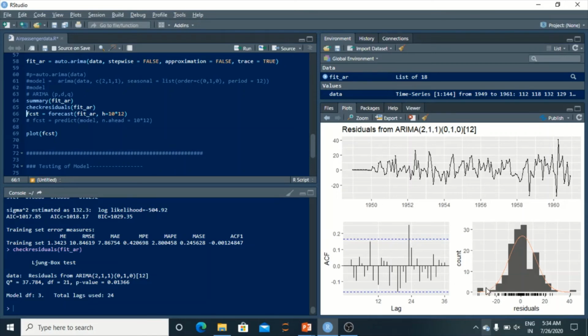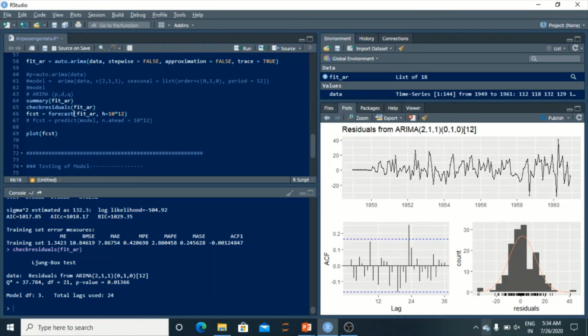The histogram shows the residuals are normally distributed. So all the assumptions related to the residual tests are satisfied, and we can say that our fitted model is well fitted.